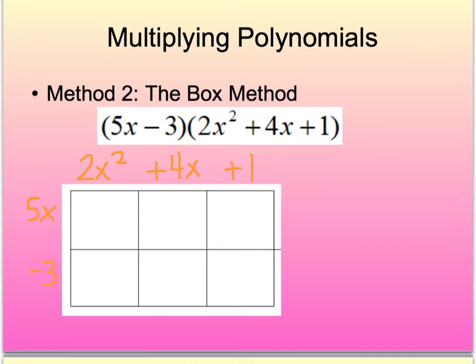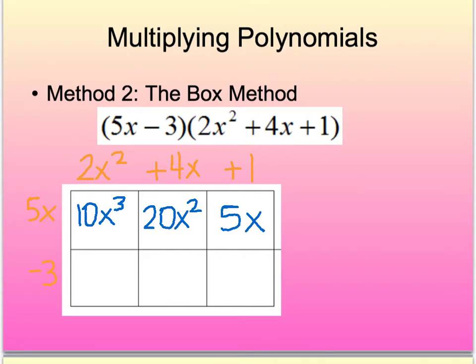Alright, so to start off here, we're going to do the 5x times the 2x squared and put it in this square here. And 5x times 2x squared gives us 10x to the third. Next, we'll do 5x times 4x, and we get 20x to the second. And next on the top row, we will do 5x times 1, and we get 5x, which completes our top row.